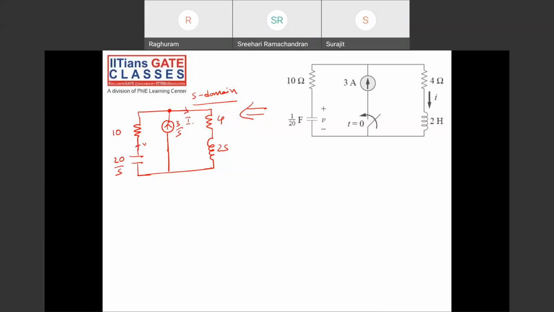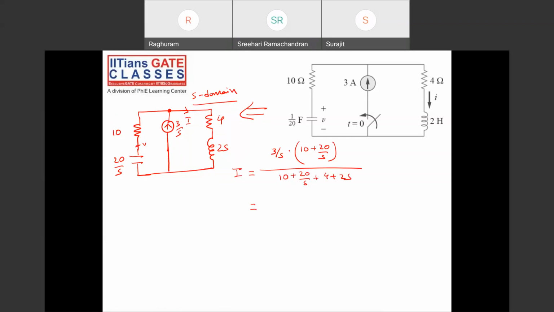I want the current I here. Total current is 3 by S. Using the current division rule, I is 3 by S multiplied by the opposite impedance, 10 plus 20 by S, divided by the total impedance, 10 plus 20 by S plus 4 plus 2S.